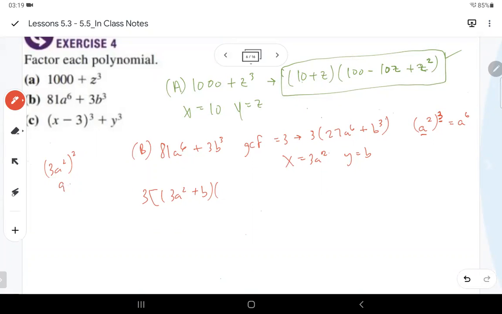So that's going to be 9a to the 4th. And then it's the opposite sign, so minus x times y. So that's just going to be 3a squared times b, plus b squared for y squared. And that's it.